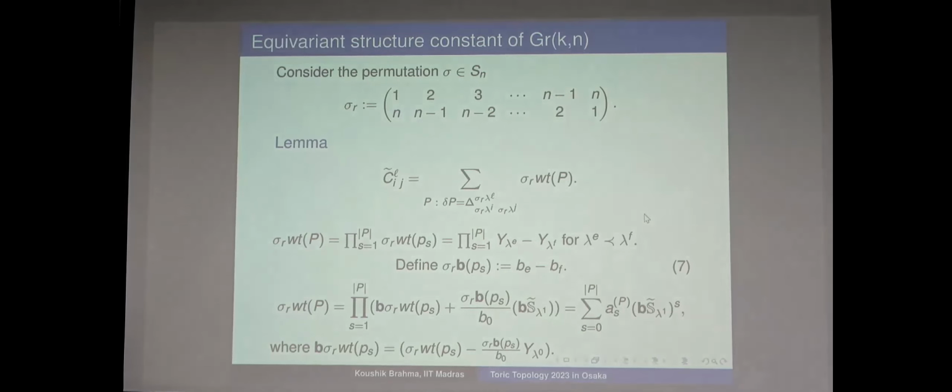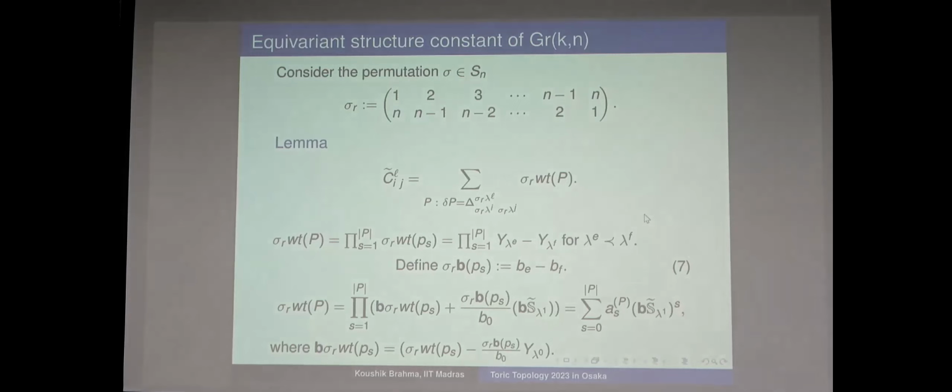We can think that for the puzzle p, the sigma weight p is something like a product of degree 1 polynomials, the product of some y lambda I minus y lambda f, where lambda I is less than lambda f, because this puzzle is something like a triangle.